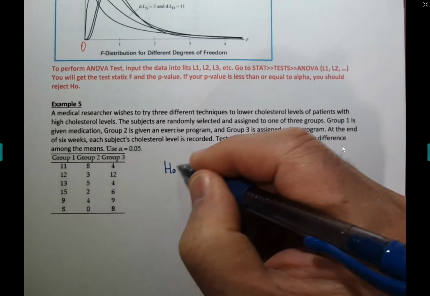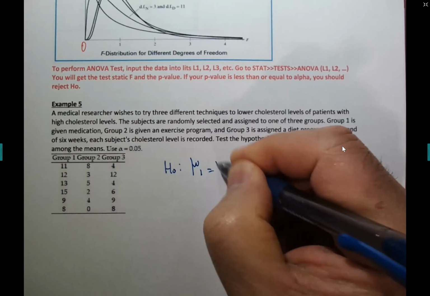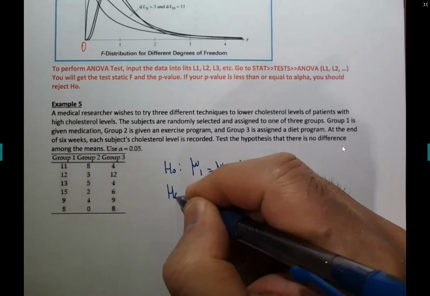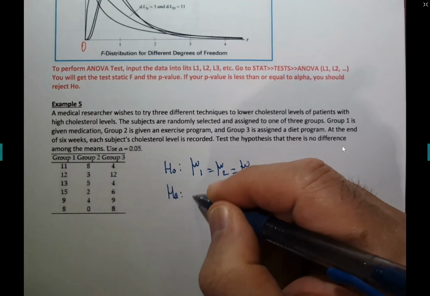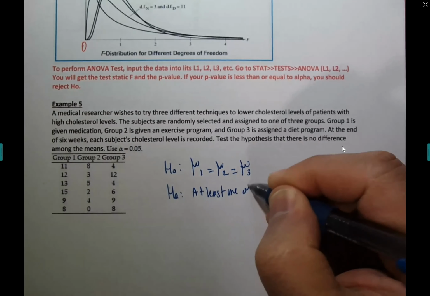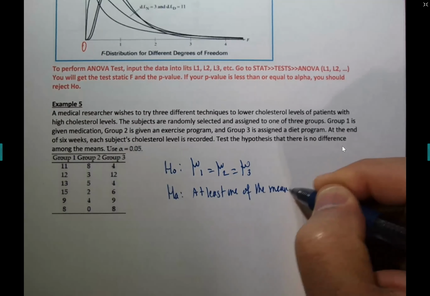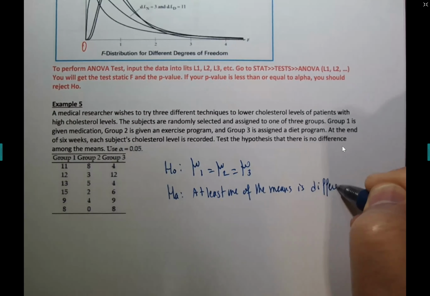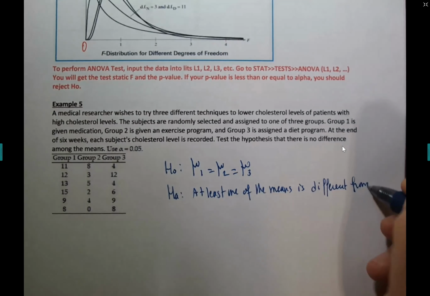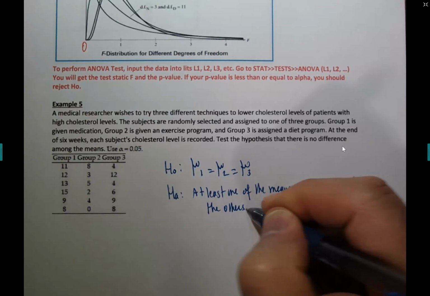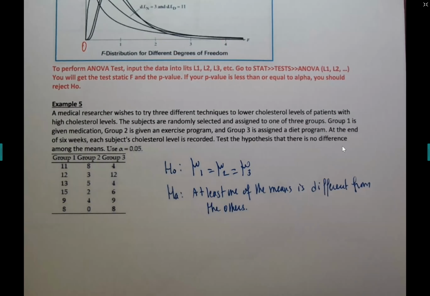H0: mu1 equals mu2 equals mu3. HA, just like I stated earlier, at least one of the means is different from the others. Okay, can you guys tell me where the claim is?